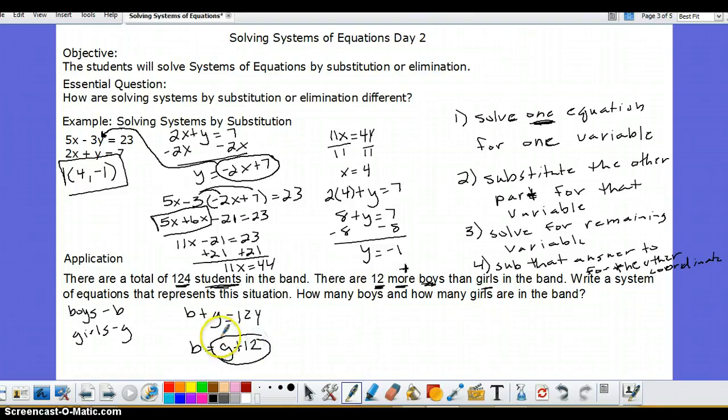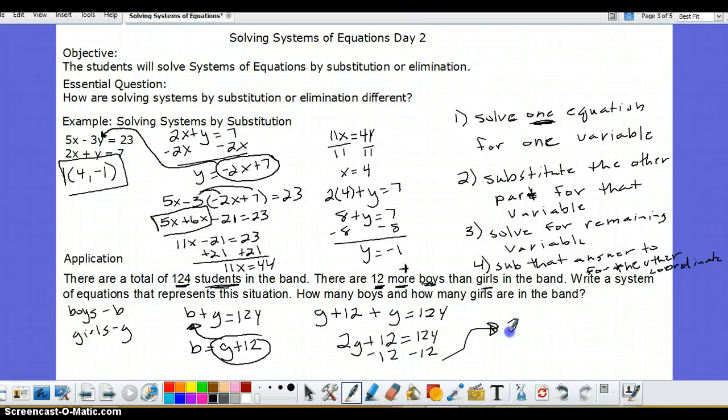This is already solved for B, so we're going to take that and put it there. So when we do, we have G plus 12, that was our B, plus G equals 124. G plus G is 2G plus 12 equals 124. Subtract 12. So we have 2G equals 124 minus 12, which is 112.